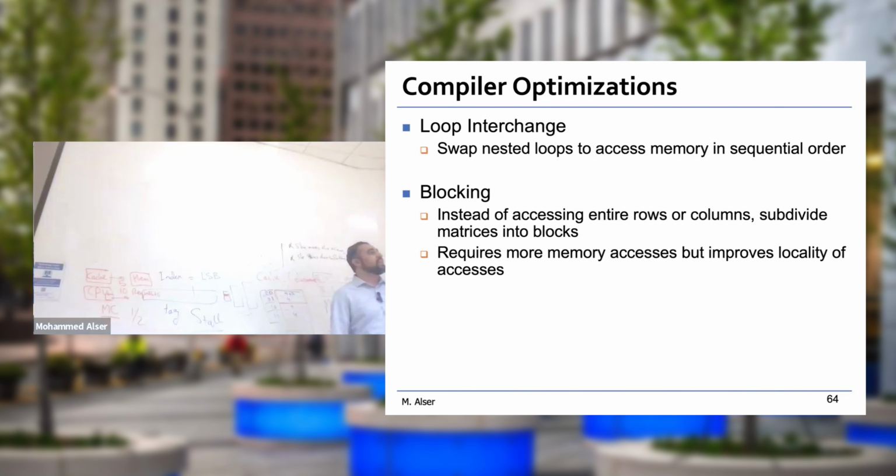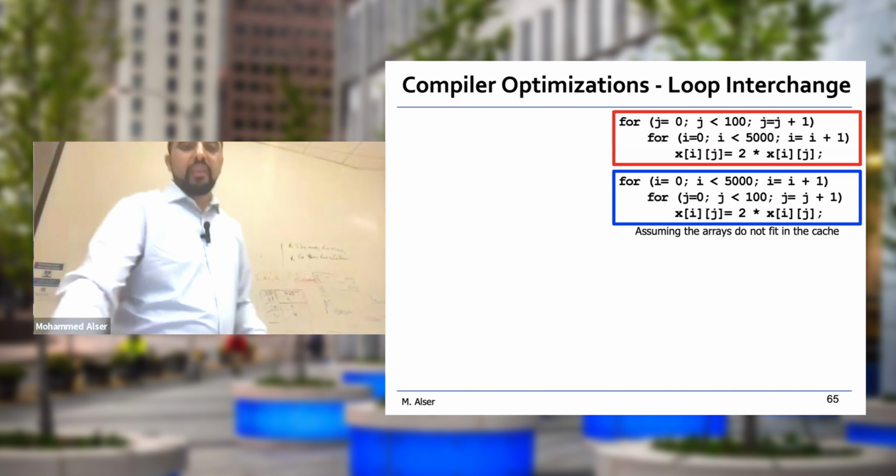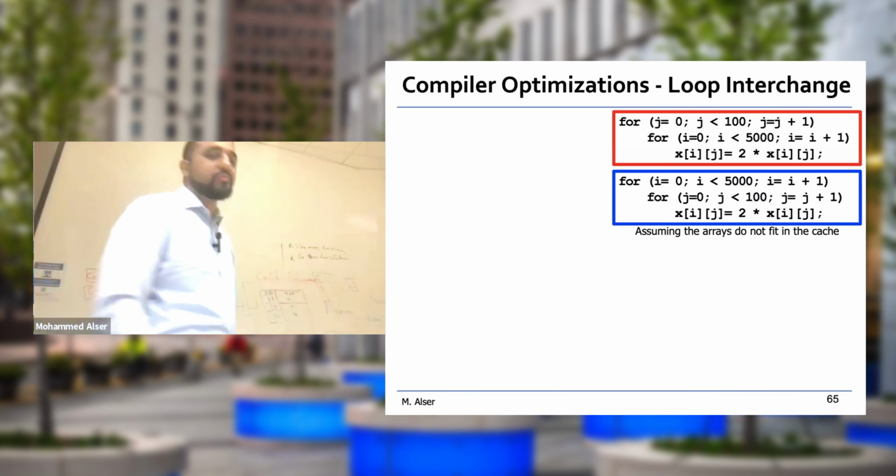It means we need to have two loops. If there are no two loops, there's nothing to be swapped. Makes sense, right? So that's why we need a nested for loop. What does nested mean? One inside the other, right? As simple as that.